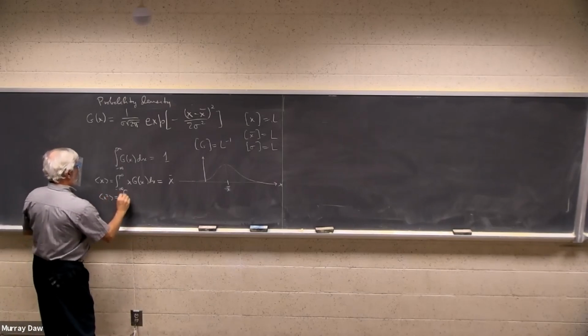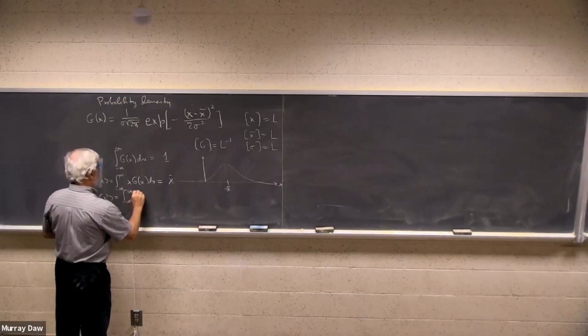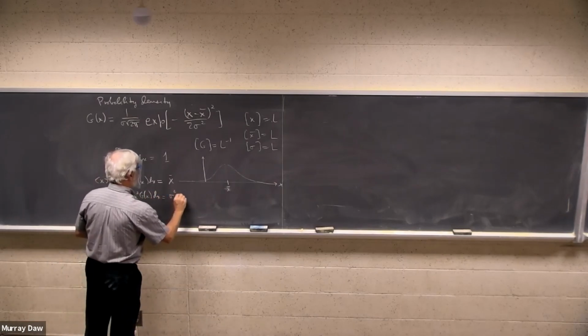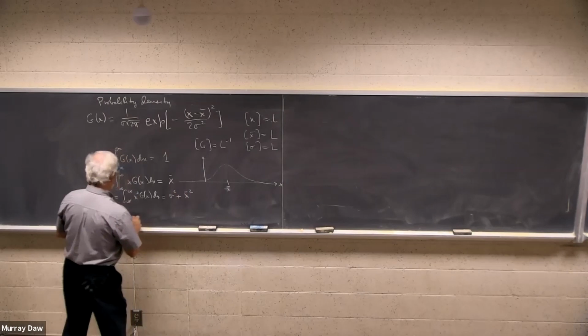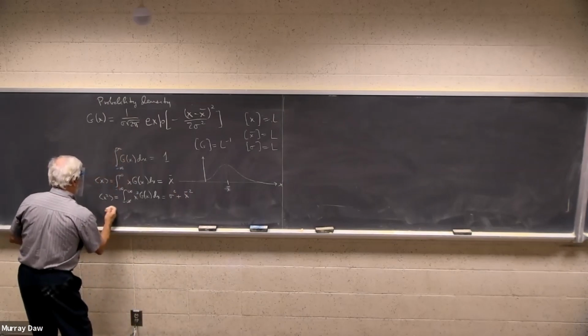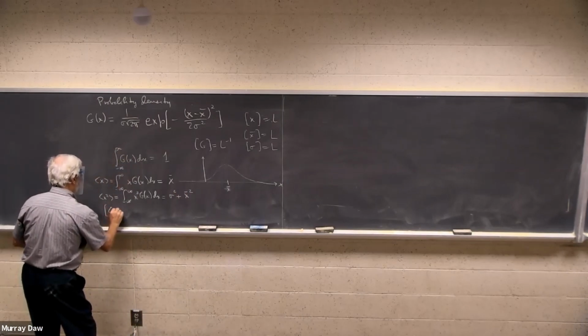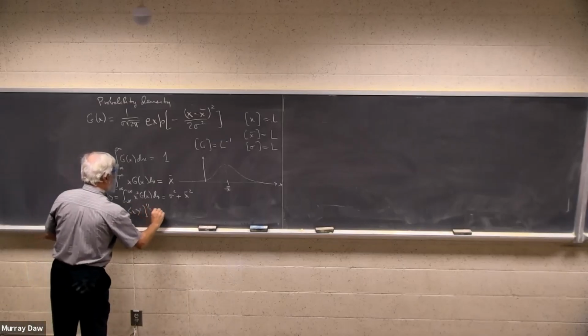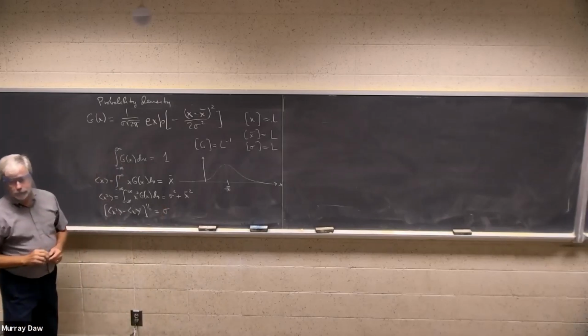Integrate it, find the average of X squared. This is sigma squared plus X bar squared. So the statistical uncertainty for the ensemble, given by this, is equal to that parameter sigma.